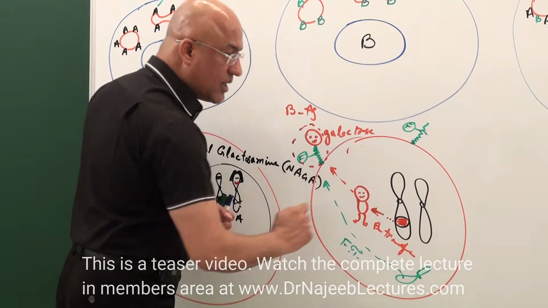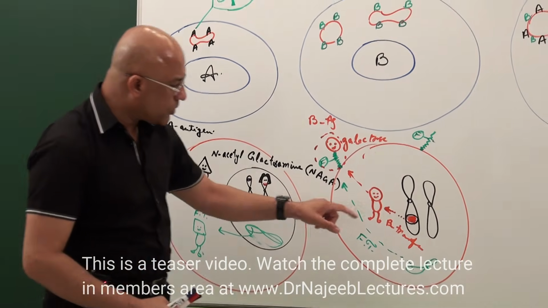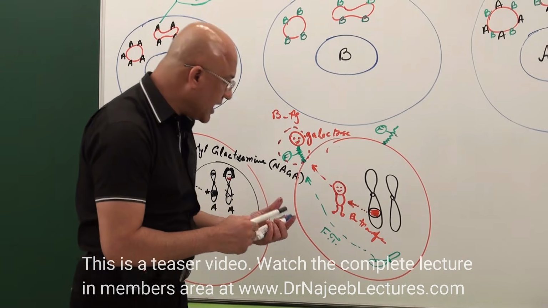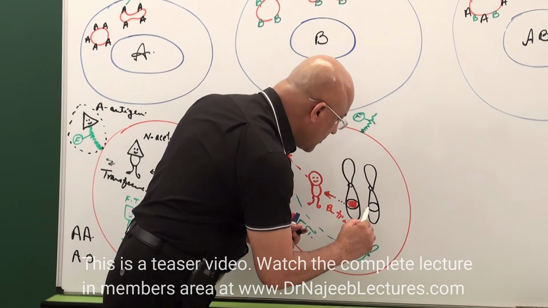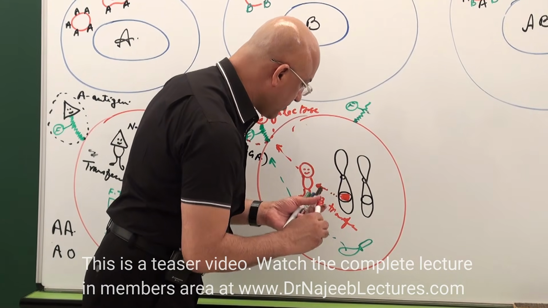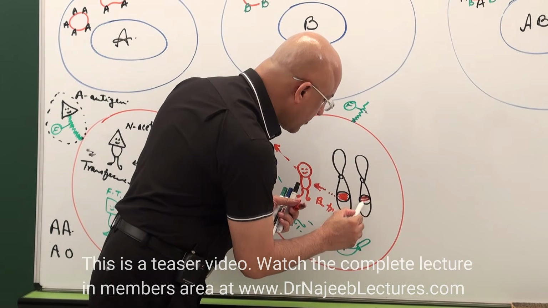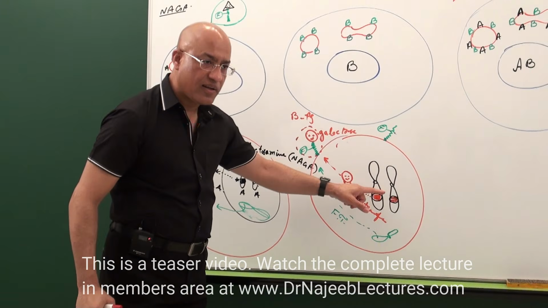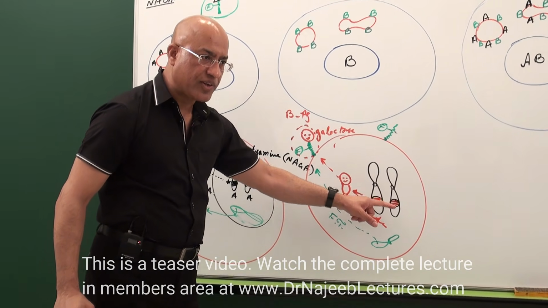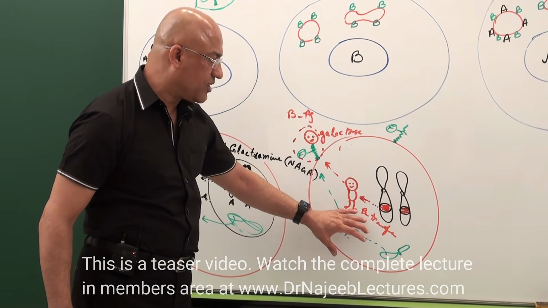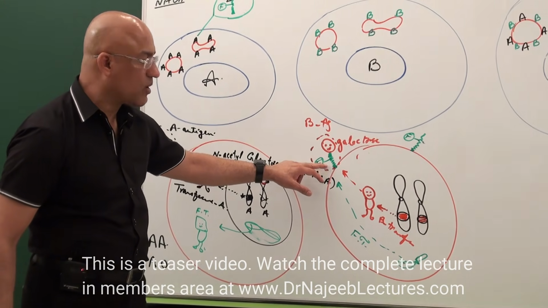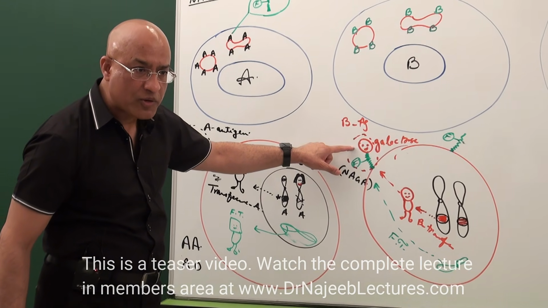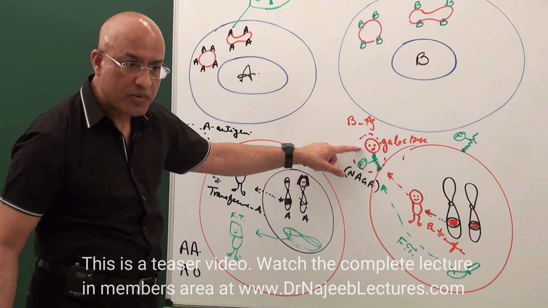Transferase B. Let's suppose he has transferase B on the maternal side, as well as transferase B gene on the paternal side. If both of them are producing transferase B, a heavy amount of transferase B is produced, which rapidly converts H substance into antigen B by addition of galactose.